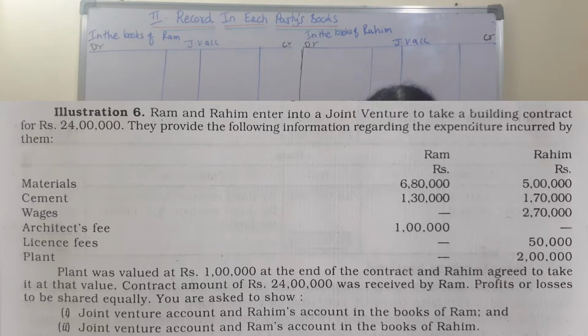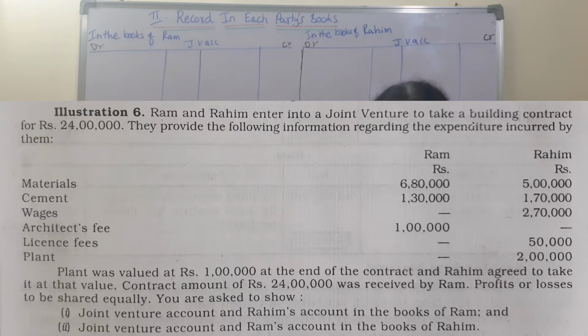License fee, Raheem's is 50,000, Ram's is nil. Plant, Ram's is nil, only Raheem's is 2 lakh. Then the plant was valued at 1 lakh at the end of the contract and Raheem agrees to take it at that value. Contract amount 24 lakh was received by Ram.